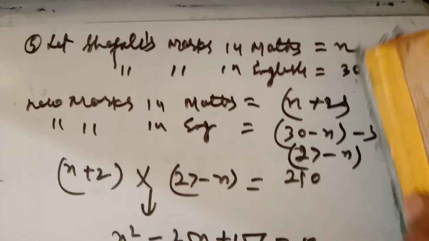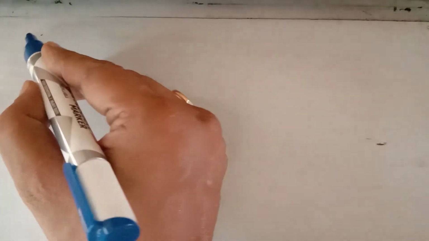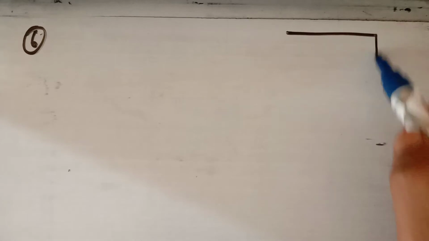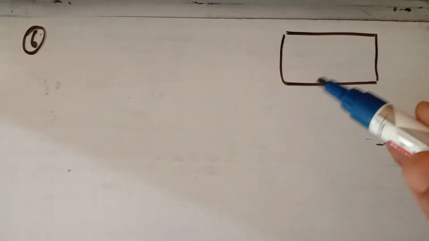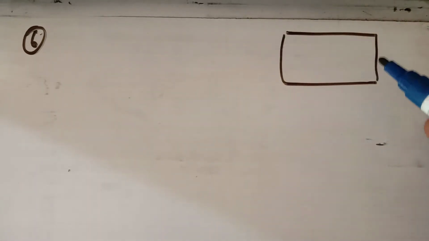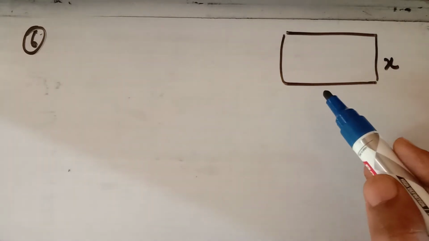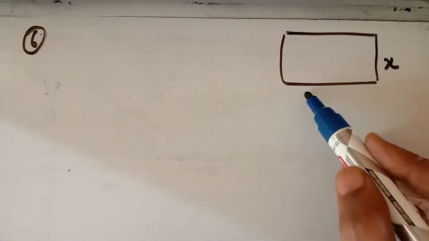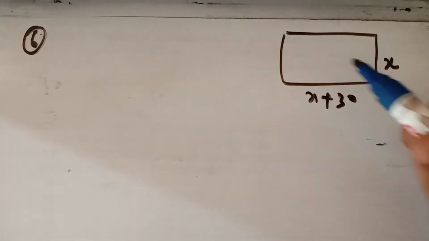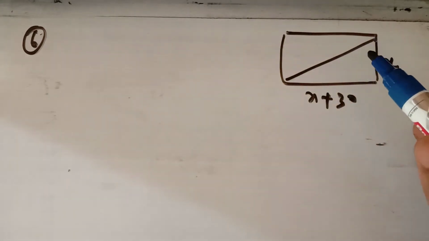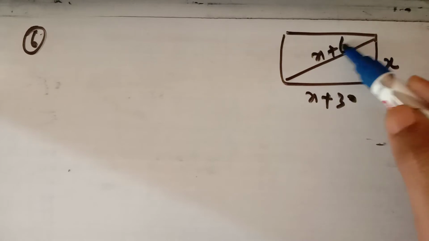Now in question number 6, the diagonal of a rectangular field is given as 60 more than the shortest side. So let the shortest side be X, then the longer side will be, it is given that 30 more than the shortest side, X plus 30, and the diagonal is given as 60 more than the shortest side.